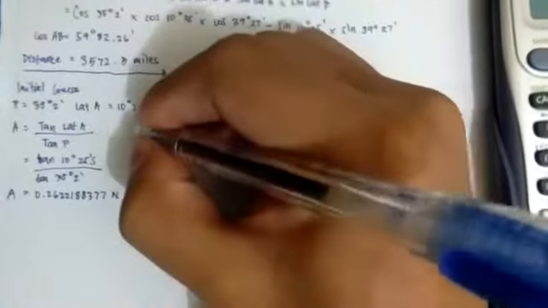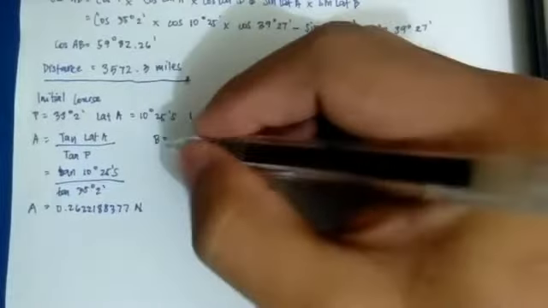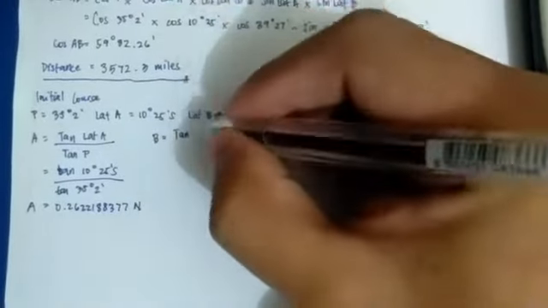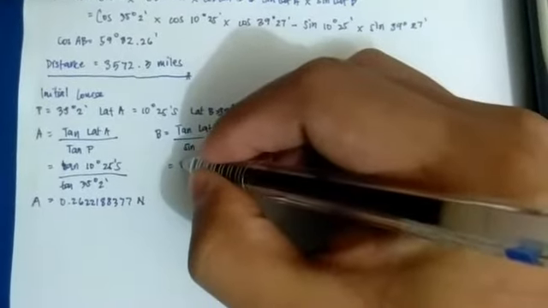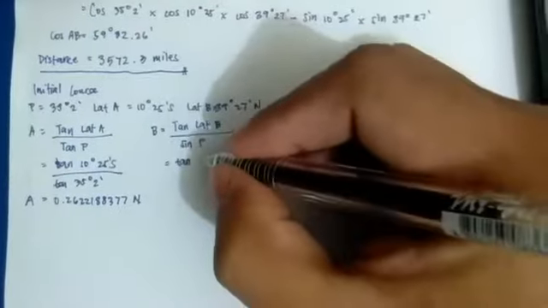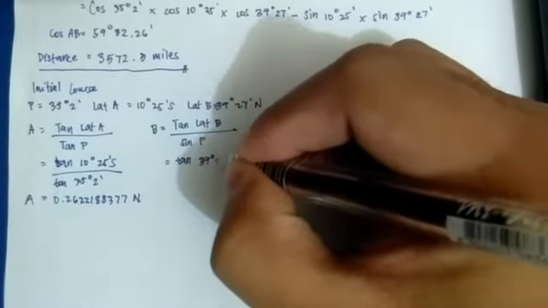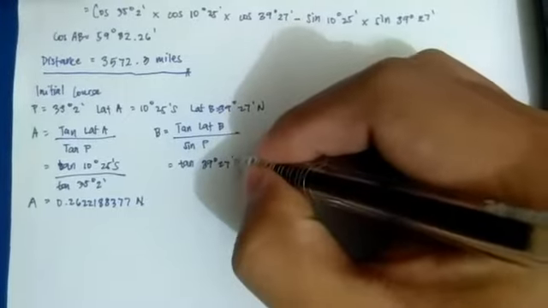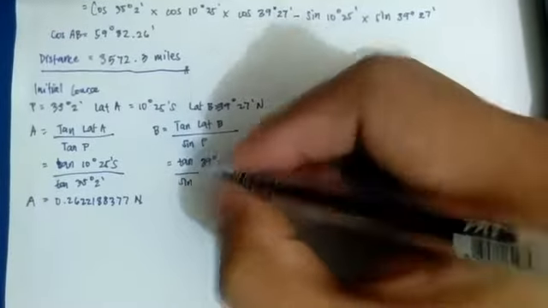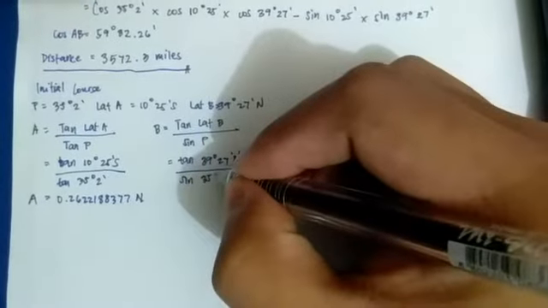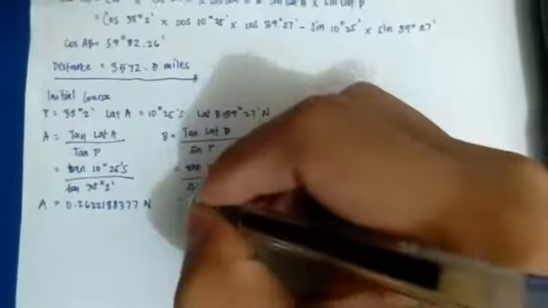Next is our course B, and we will use the formula tangent latitude B over sine P, and substitute tan latitude B, which is 39 degrees and 27 minutes north, and sine P, which is 35 degrees and 2 minutes.